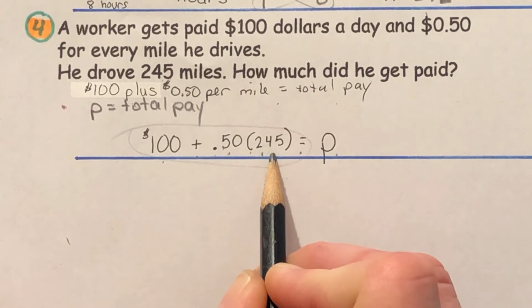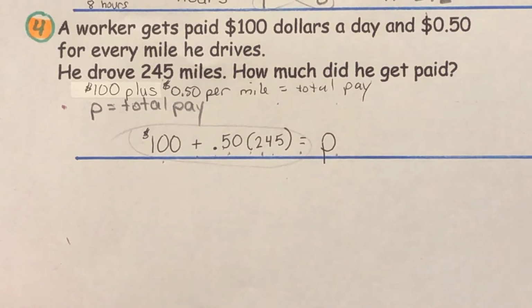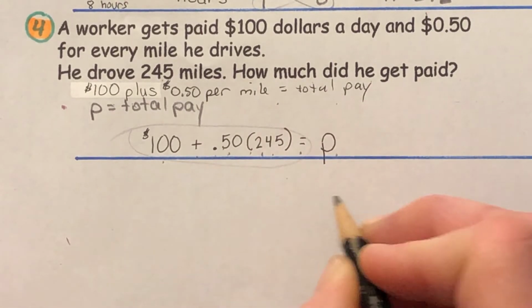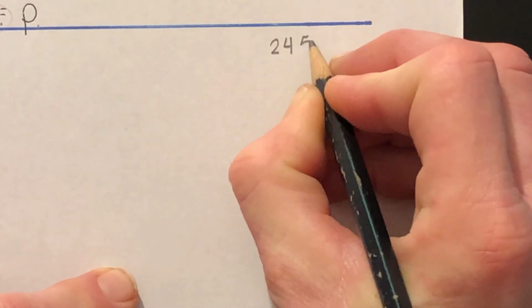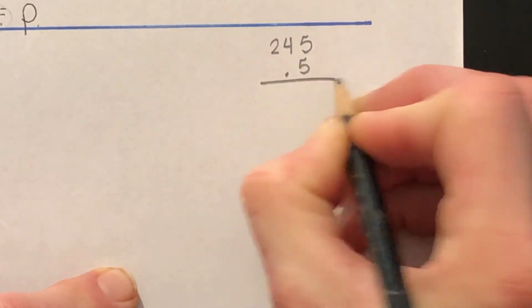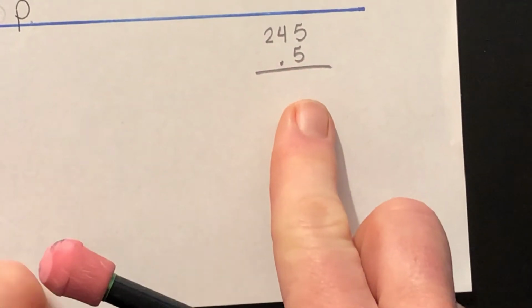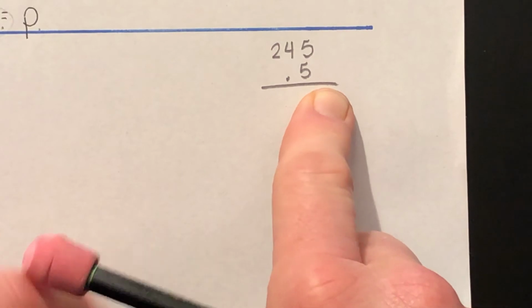I've got 0.5 times 245. I will multiply that out. Notice I didn't put that second 0 there. It's not necessary because it doesn't have any meaning.